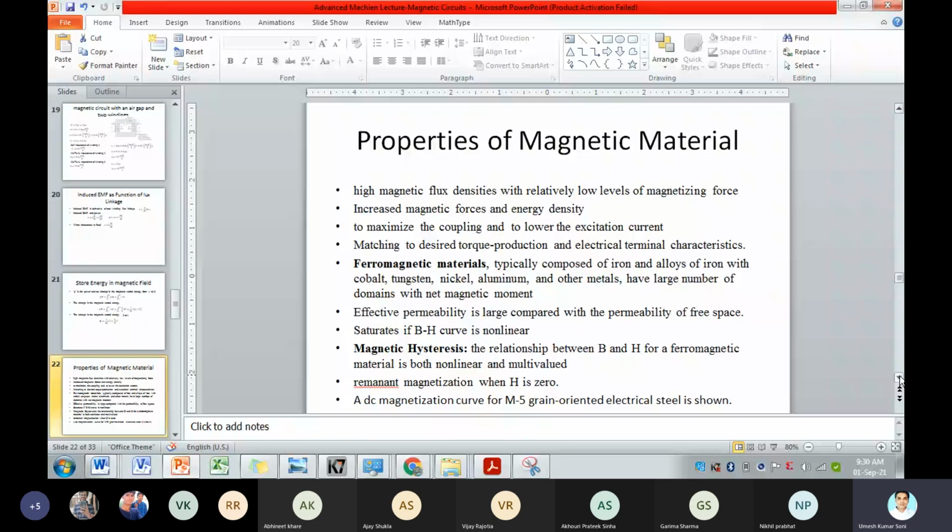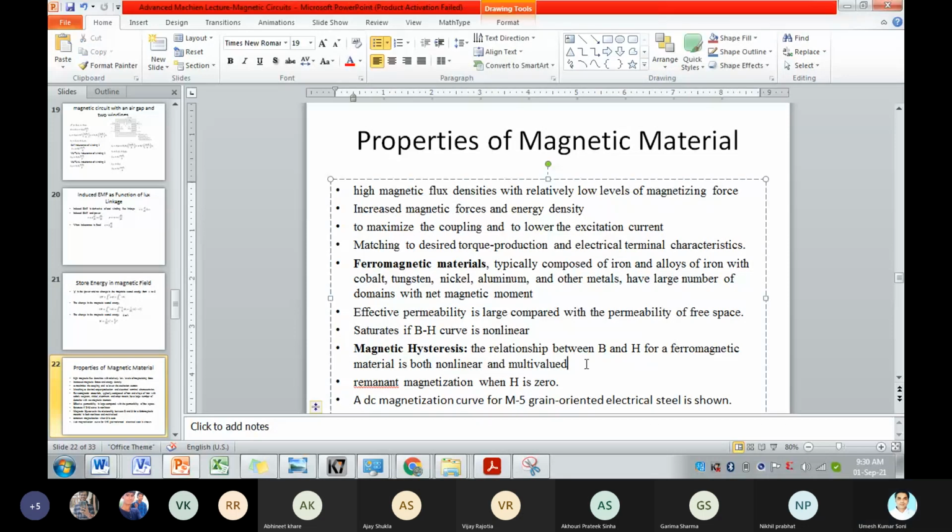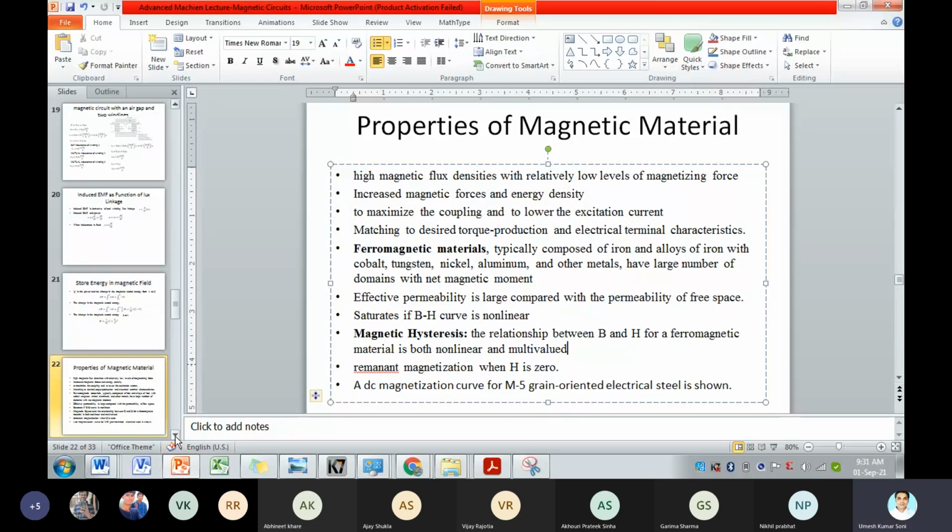Okay, and you can see magnetic hysteresis is the relation in the BH curve, which provides a representation of magnetic material properties, and also the remnant magnetization is the value when H is 0. Okay, so you can see a DC magnetization curve. What is the DC magnetization curve?